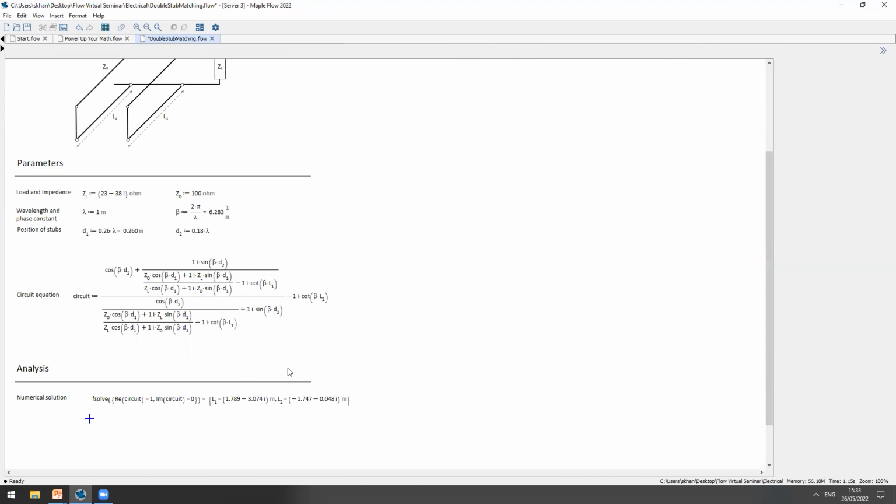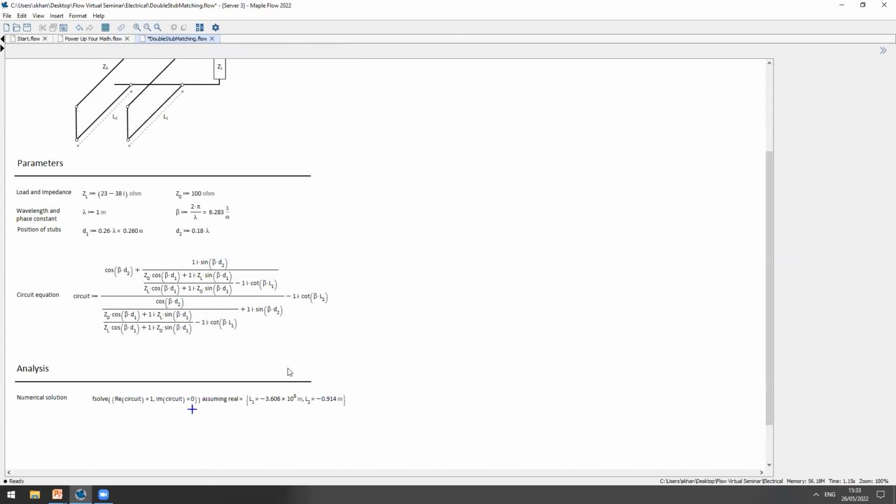They're complex numbers. Let's add the stipulation that L1 and L2 are real. There. L1 and L2 are now real numbers, but they're still not correct. L1 is negative, and L2 is negative as well.